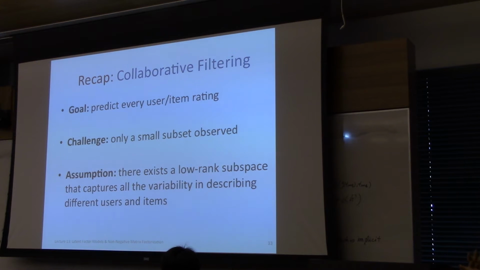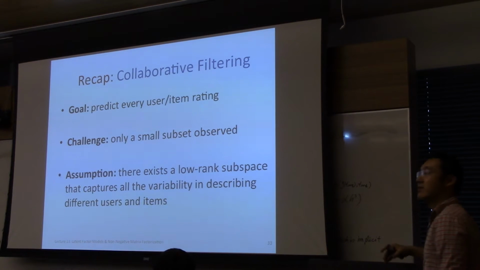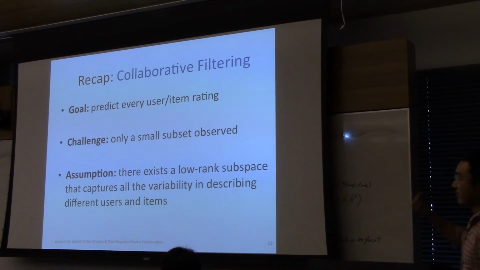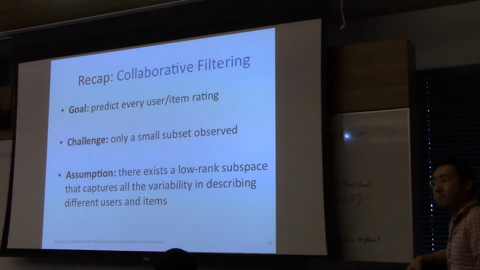And what this amounts to in practice is you learn a feature vector U sub i for every user, a feature vector V sub j for every movie, and for every observation that you do observe in the training set, you want to make sure that the linear model using those two feature vectors is a good approximation of the data that you observe. And that's it. And it has connections to singular value decomposition, low rankness, and everything that we've talked about in the first 45 minutes of lecture.